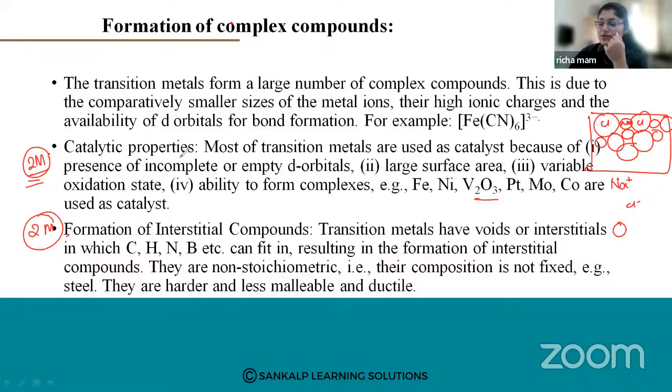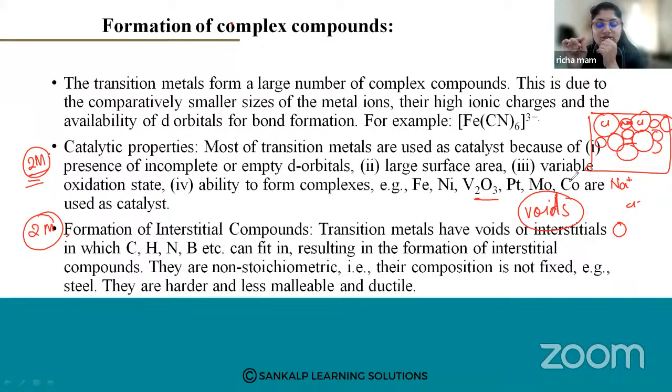Now, what is an interstitial compound? You can see that there are some gaps, which are called voids. Voids mean the small gaps between the big crystal lattice. That is called a void, or small space.